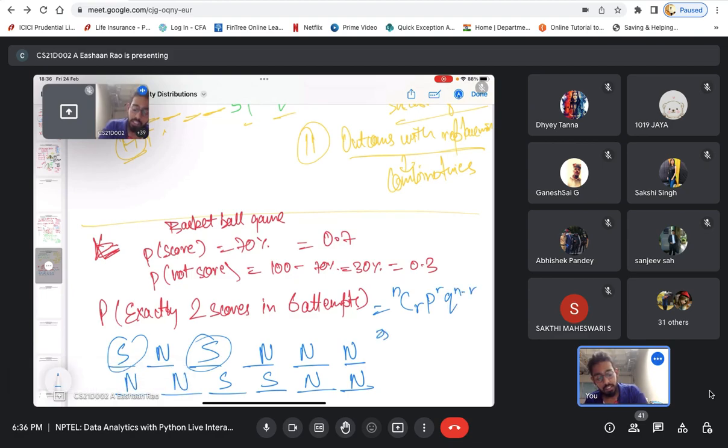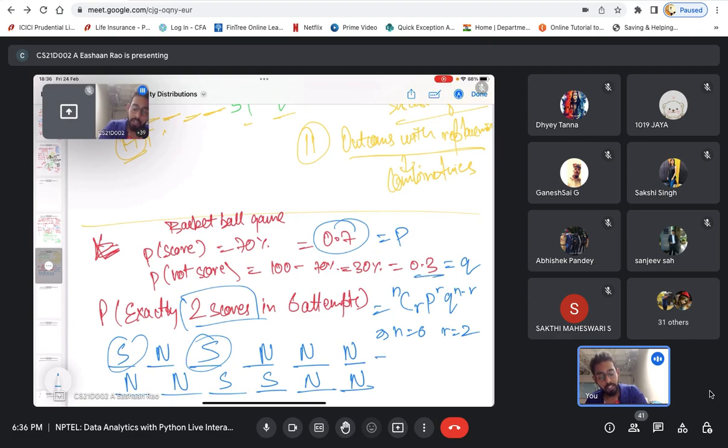In this case, n will be 6 because I am doing 6 attempts. I want exactly 2 scores, so r will be 2. The probability of scoring is 0.7, that is p, and the probability of not scoring is 0.3.